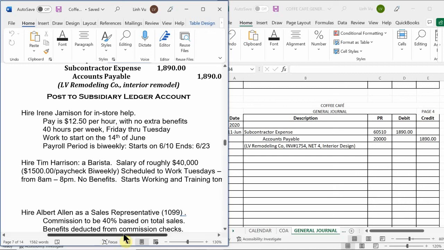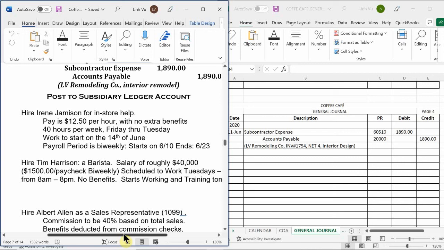In this case, no, we would not need to journalize it because they don't start working until tomorrow, right? That's number one. Two, the assumption here is that we're going to pay Tim Harrison exactly when we pay Miss Irene, right? Because they're on the same pay schedule, right?